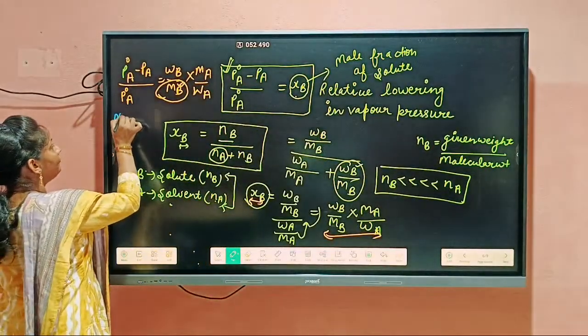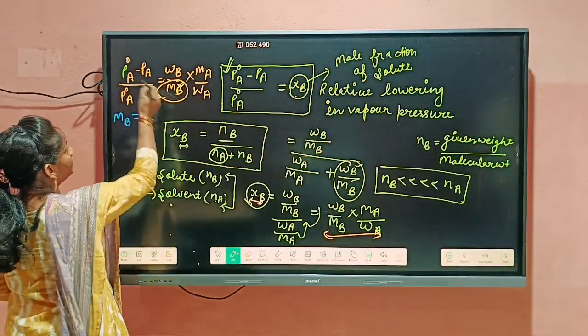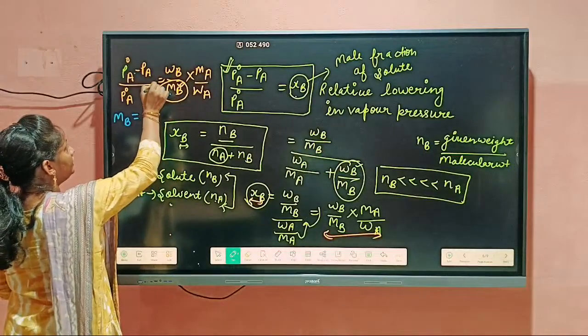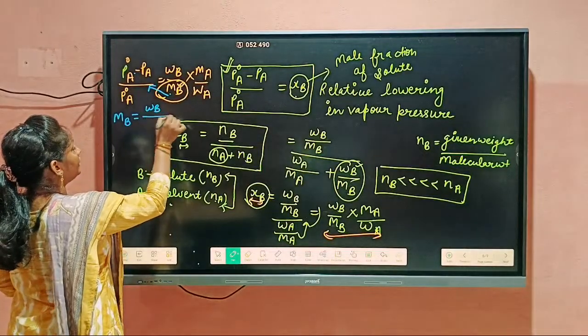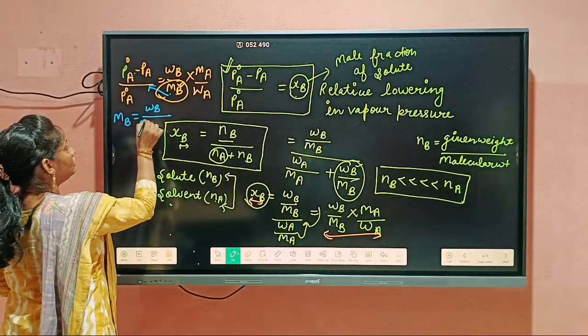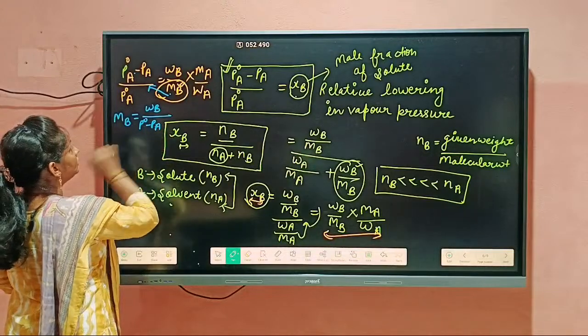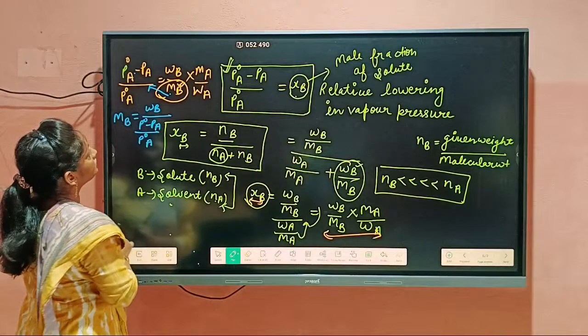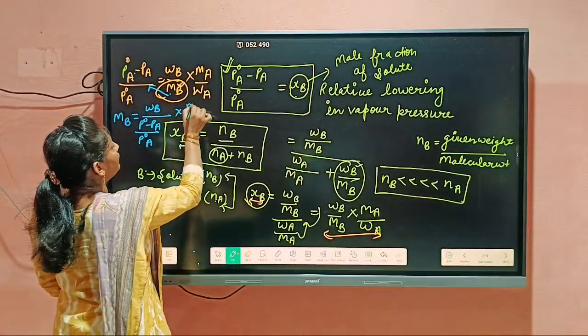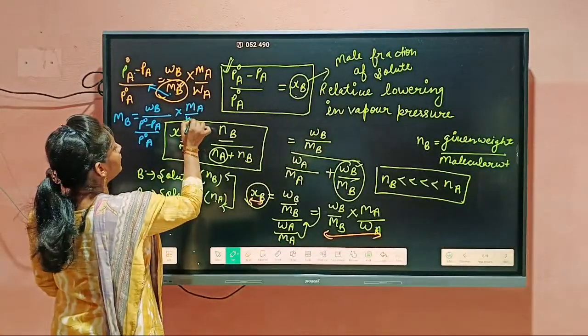From here, MB is equal to, we take it on this side, WB by, we will take the relative lowering of vapor pressure to the opposite side, this into MA by WA.